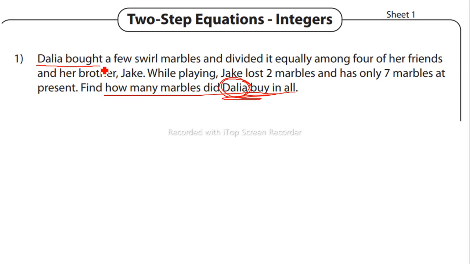They didn't tell us how many, right? So we don't know exactly how many marbles she bought. We just know that she bought a certain amount. And because we don't know what that amount is, what do you think we're gonna call that? X. Yes, we're gonna use X to represent the number of marbles she bought.